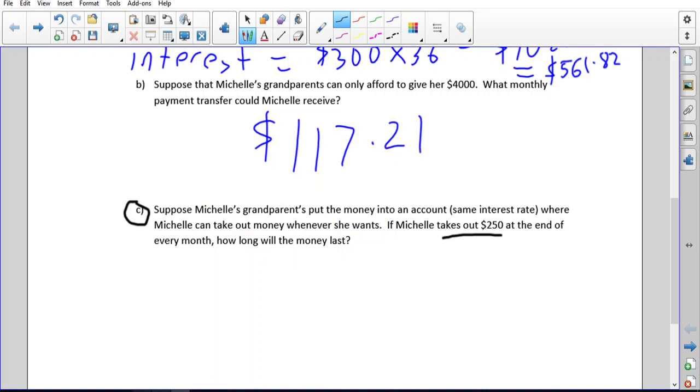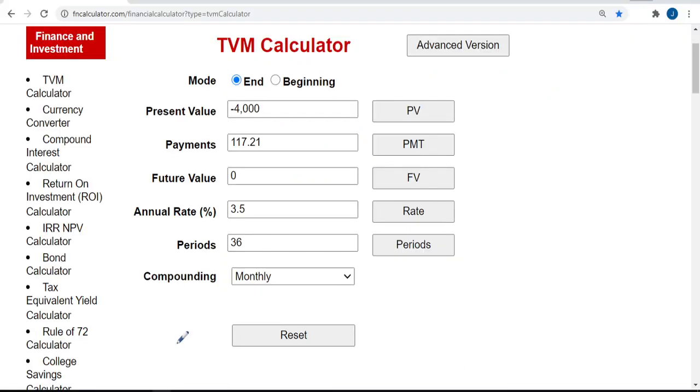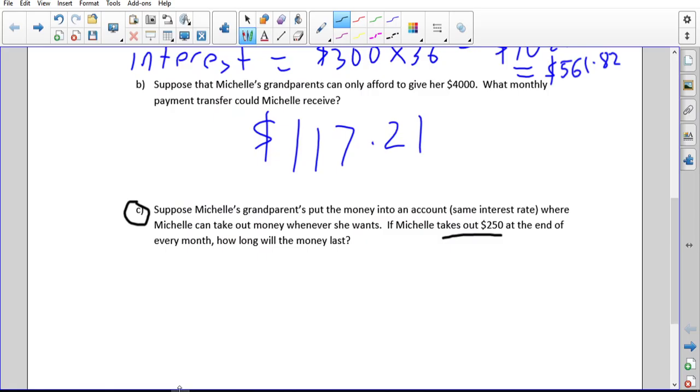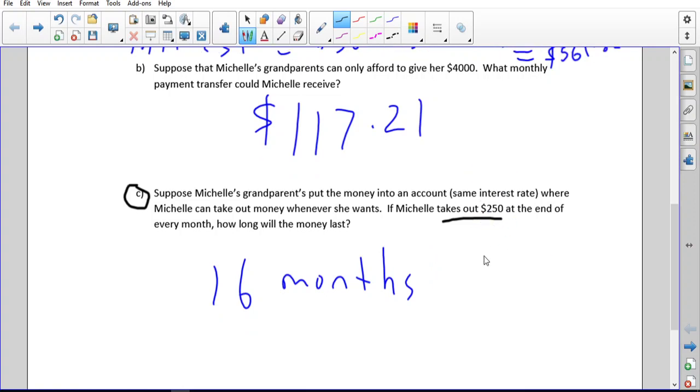We just throw in a payment of $250. Now we do need to get this right. One of these has to be negative, one has to be positive. Probably should be the payment. And now we just end up solving for time. And we get 16.4. So 16 months she'll be able to do that. Or you could say 16.4, but what that basically means is after the 16th withdrawal, there's less than $250 left. So she has 16 withdrawals plus a little bit at the end.